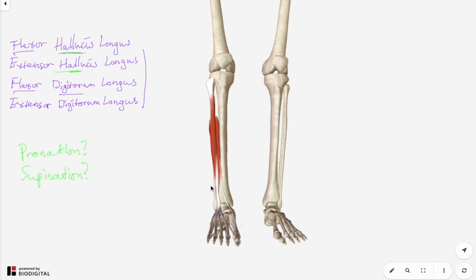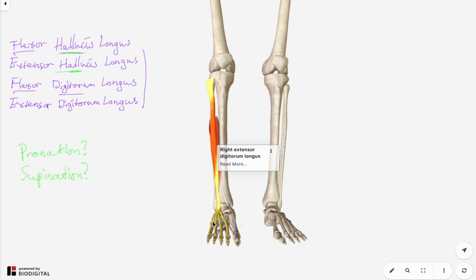And then for the digitorum muscles, the extensor digitorum longus is this one right here. We can see it runs along the dorsal side of the foot and attaches at the toes. So it's going to extend the toes. It's going to dorsiflex the ankle. And now the toes are on the lateral side of the foot compared to the big toe.